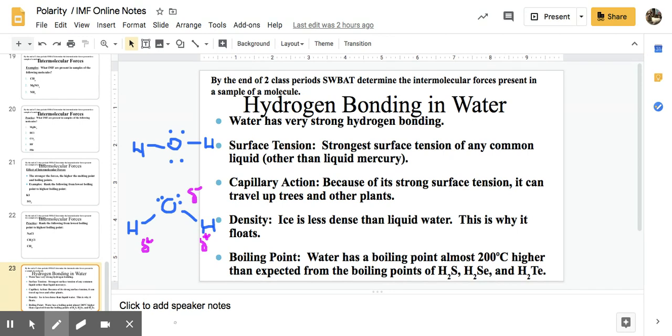So you would expect them to be similar, but hydrogen with oxygen, so water, is much higher because of the hydrogen bonding, because the other ones are all going to be polar, but not have hydrogen bonding. So they'll have dipole-dipole and not hydrogen bonding.